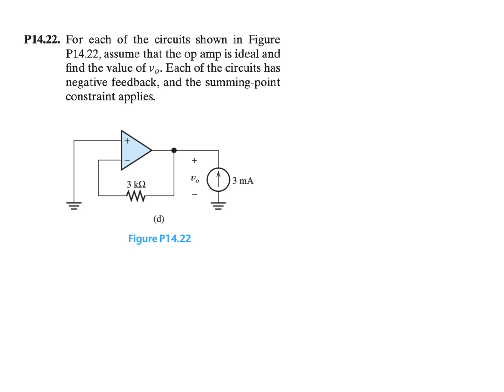Question 14.22. Again, we need to find the value for V out. Let's see, for the circuit diagram that we have the op-amp here, and for an ideal op-amp, the current here is equal to 0. So no current flows through these two terminals, which means that no current flows through the 3K resistor.